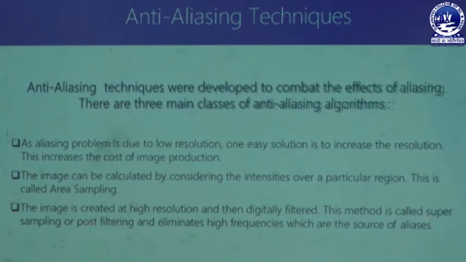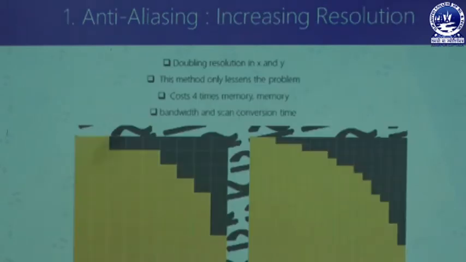Now, to check how the cost of image production increases by increasing the low resolution, we increase the resolution by using three methods. This method only lessens the problem, costing 4 times memory, bandwidth and scan conversion time.